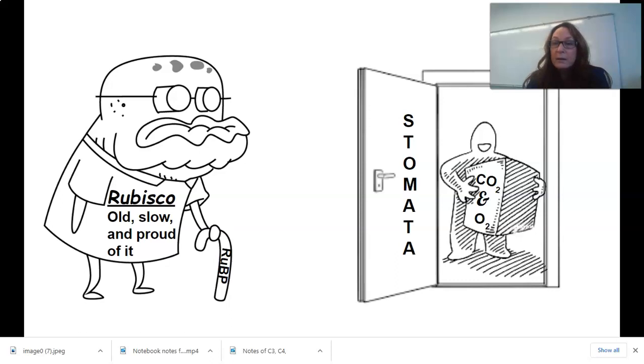The real dilemma is, if we're just going to be this kind of silly story and we're personifying Rubisco, he doesn't make good choices. If there's plenty of carbon dioxide, that's what he uses. If there's plenty of oxygen, that's what he uses. So he's not really somebody, since we're saying a story, who should be put in the same space with both carbon dioxide and oxygen, because he'll choose whichever one.